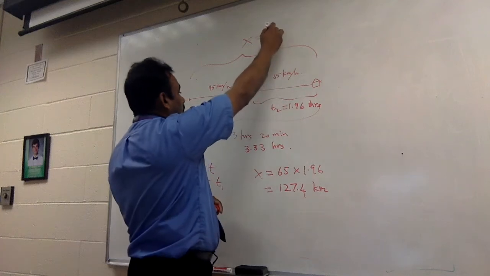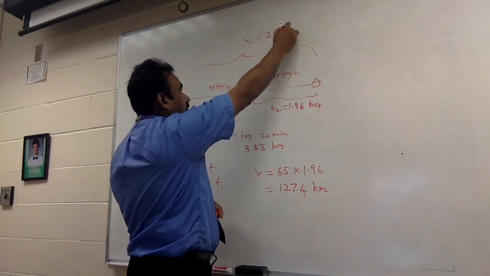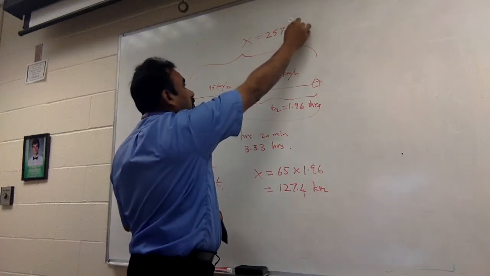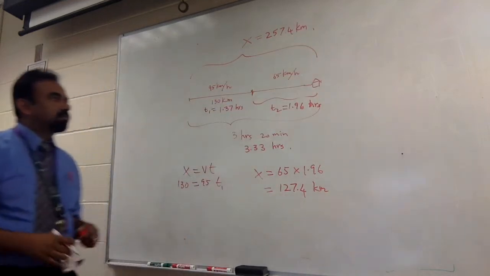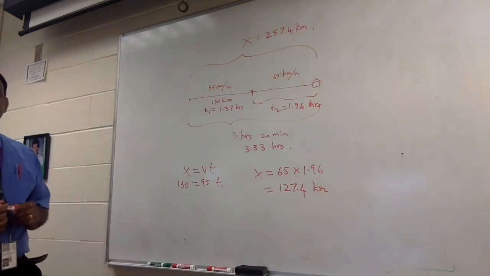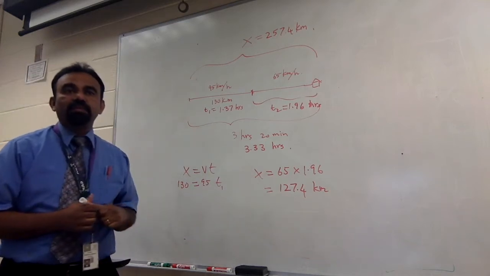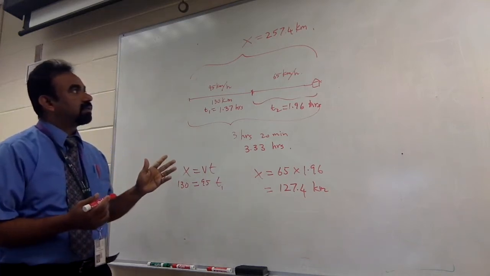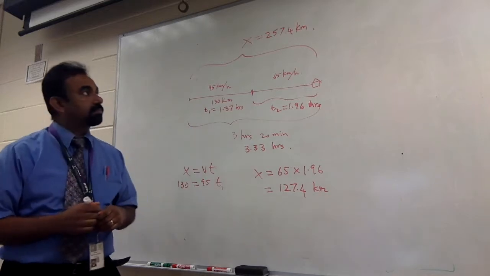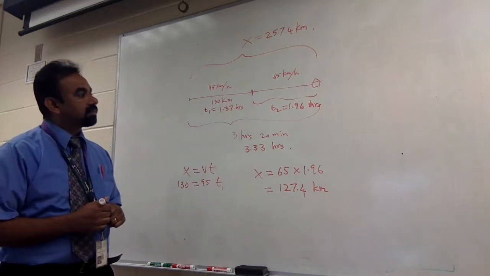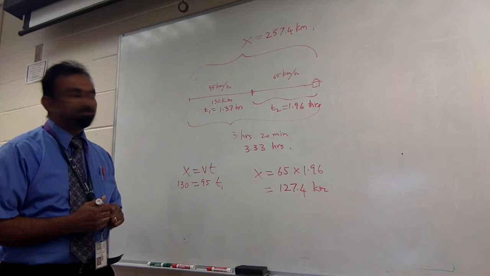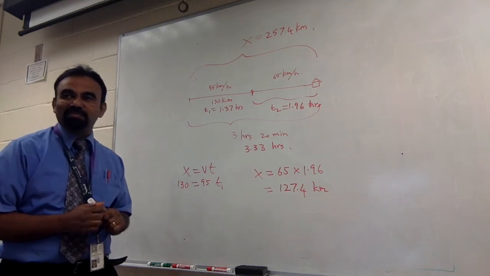Yes, 2. You don't have to really worry about significant figures right now. So, okay, 257 something kilometers. That is the total distance. That's a big distance from school to home.